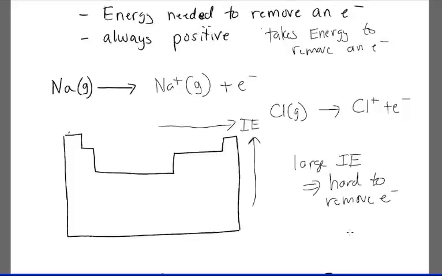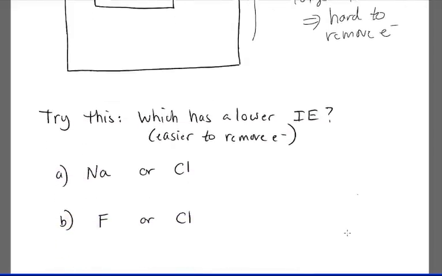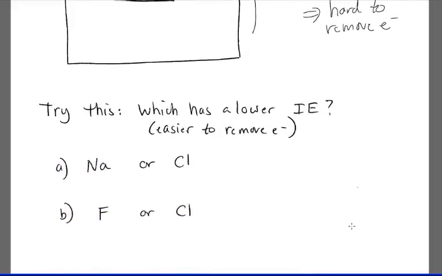All right, let's practice this. Which one has a lower ionization energy? In other words, which one is it easier to remove the electron from? All right, so try this. Sodium or chlorine, those are on the same period, and as you go across, it's going to be harder to remove the electron. We already said sodium was easy to remove it from because it will attain a noble gas configuration.